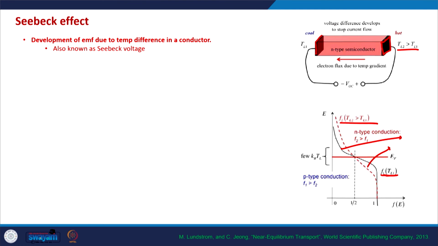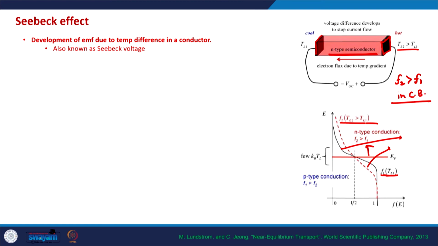So if this is an n-type semiconductor, we need to consider the flow of electrons in the conduction band. And what happens in the conduction band, above the Fermi level, is that F1 is less than F2 essentially. So F2 is greater than F1 in the conduction band.